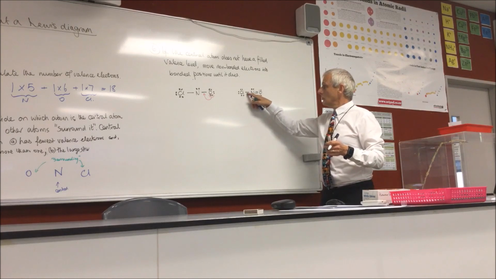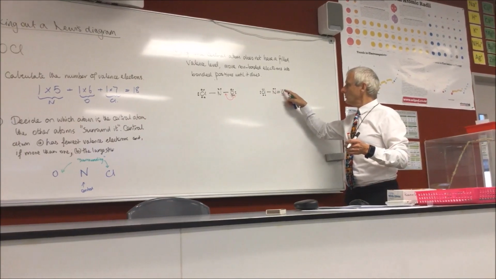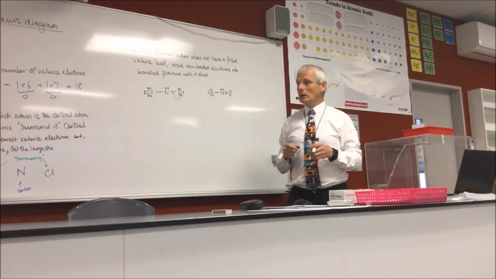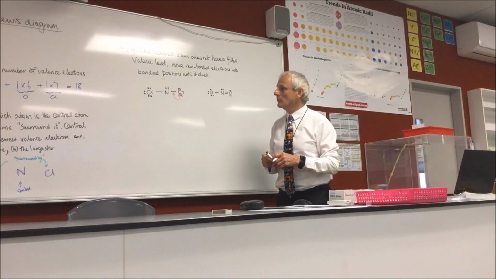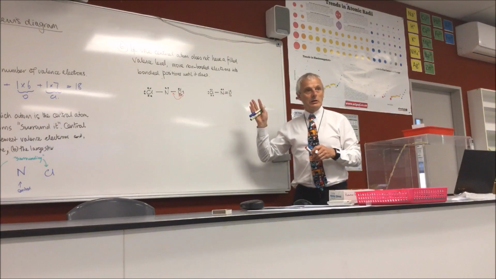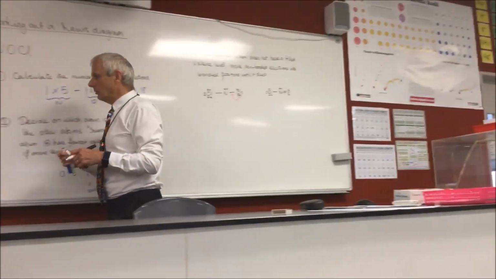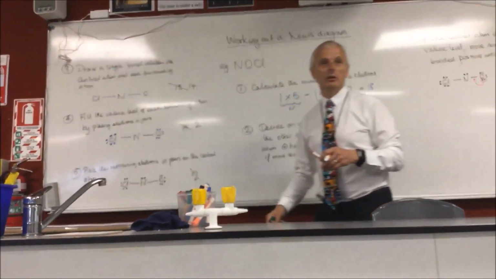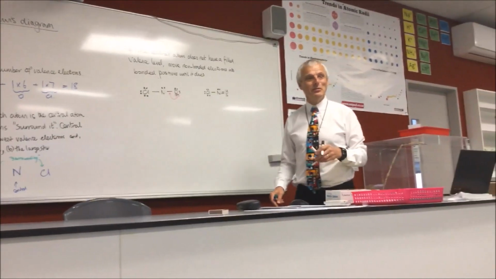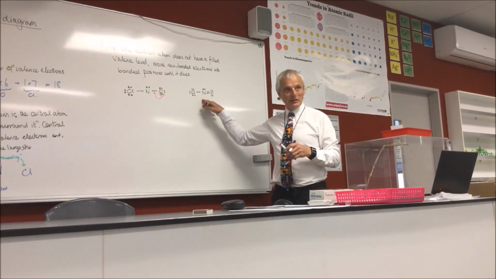Nitrogen, 2, 4, 6, 8. And oxygen, 2, 4, 6, 8. We've used exactly the right number, 18 electrons, and everything adds up. If you don't count the electrons, it's so easy to get to this point and think, oh, I'll just add a couple of extra in, that won't matter. If you've done that, it means it's now 2 minus, because you've added too many electrons. And this is the correct answer.